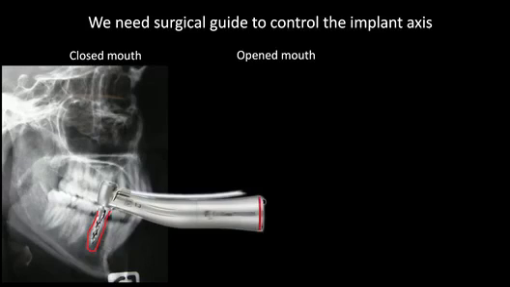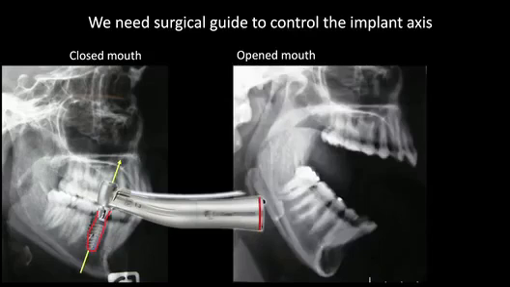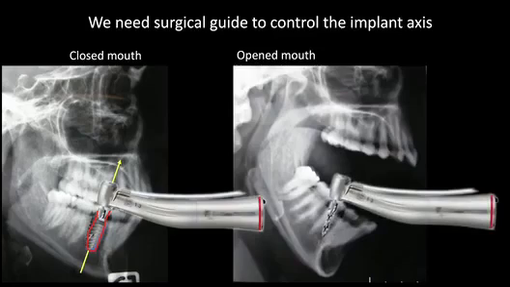But when the patient opens the mouth, and when you put the handpiece into the mouth, if you don't correct the inclination of the handpiece, you put the implant like this, in the wrong direction. It is a very classical clinical error. We need a surgical guide to control the implant axis.